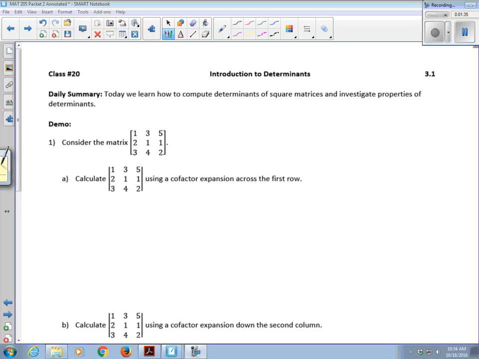Okay, so we're going to learn how to compute determinants of square matrices that are larger than 2 by 2. We have a handy little formula for 2 by 2 for the determinant. What is that? AD minus BC, right. For larger matrices, the determinant is much more tedious to calculate.